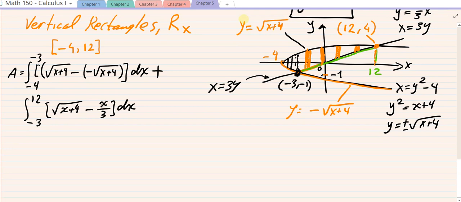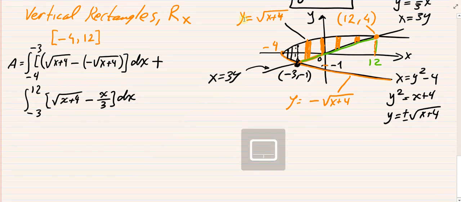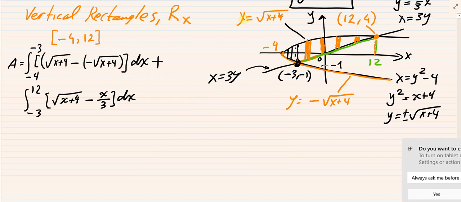Now, let me show you an illustration of what we have done here. Let me use a program to show you this concept of finding the area between two curves, so it helps you understand it better.